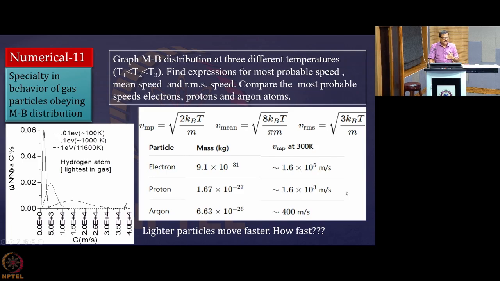You should have your idea frozen from this tutorial of the kind of speed you expect for different species inside the plasma. There is an order of magnitude difference between argon and proton, and 2 orders of magnitude difference in speed when you go from proton to electron.